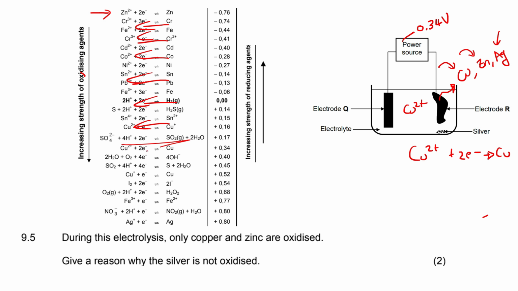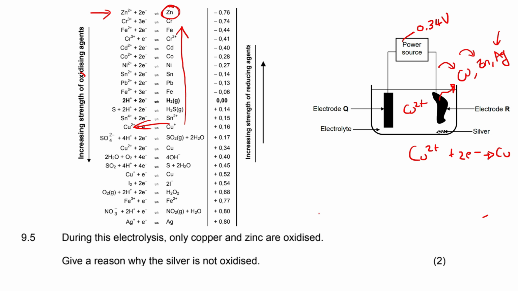Anything below will not be able to be oxidized. That is why the silver is not being oxidized. It would need a battery of 0.8 volts. So all of these are going to oxidize. And so that is why they said zinc will oxidize. So why? Well, just use this.